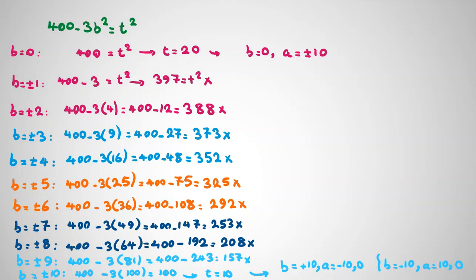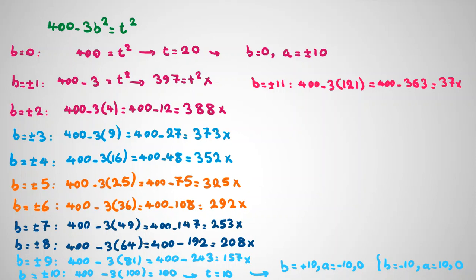Now let's check b equal to plus minus 11. It will be 400 minus 3 times 11 squared, which is 121. 400 minus 363. We subtract, it will be 37.